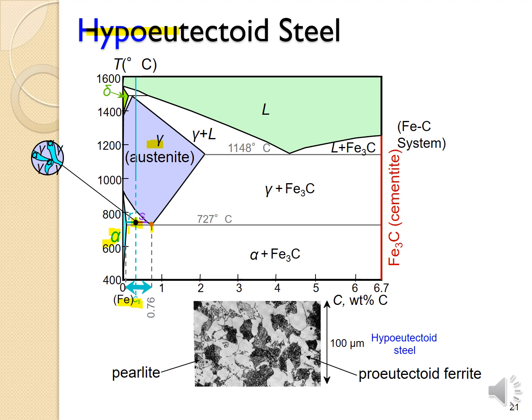For the amount of each phase, we will use the lever rule again. Draw the tie line, and the length of the opposite side, the tie line S, right? For the phase amount, the weight percentage of alpha phase will be S over the entire length of the tie line, and the rest will be the weight percentage of austenite.